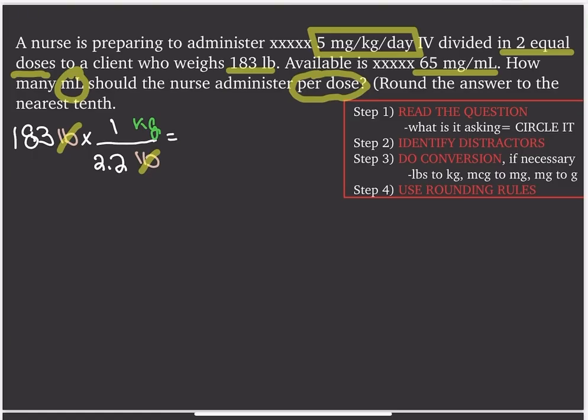The units cancel out, and that gives us 83.1818 kilograms. So that's the total weight of the patient.